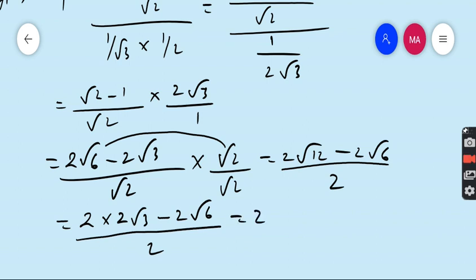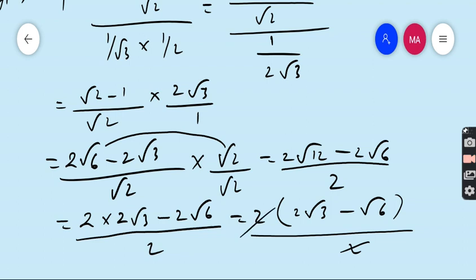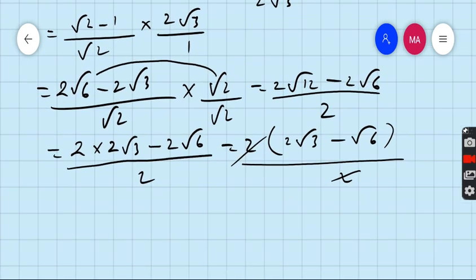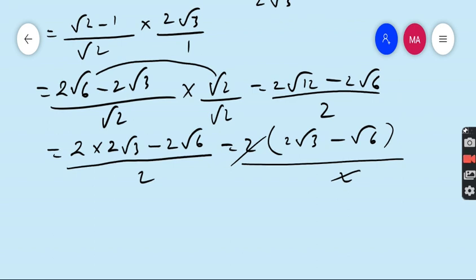Take 2 common: 2 root 3 minus root 6 upon 2. This 2 cancels by this 2. The final answer is 2 root 3 minus root 6 upon 1, not necessary to write 1.